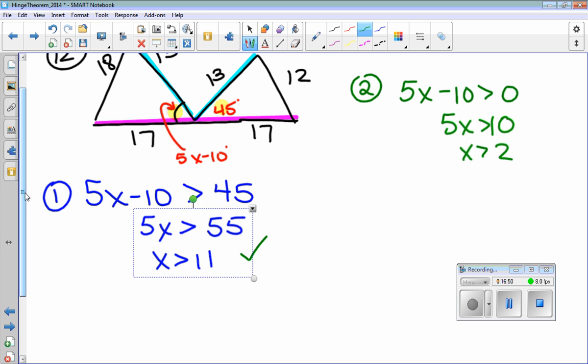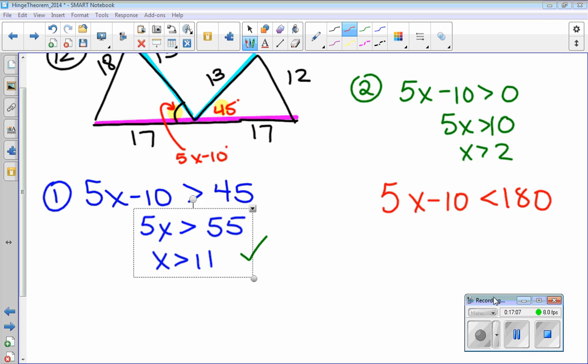Okay? So, if this doesn't work, which it didn't in this case, we need to go ahead and think about the other bound. So, we're going to say 5x minus 10 is less than 180, because we already had our lower bound. We need our upper bound now. Okay? So, when I solve this, I add 10 and divide by 5. What is 190 divided by 5?